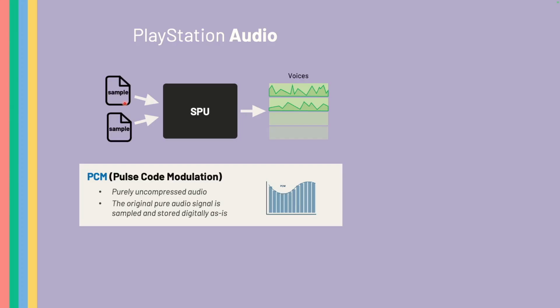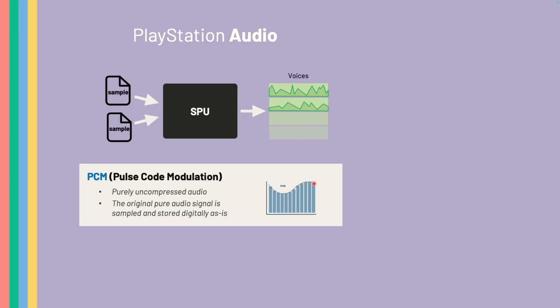Uncompressed, just the raw signal as it comes from the audio signal. So the original pure audio signal is sampled and stored digitally as it comes, as is. And you can see in this graph, let's say that the audio signal is this one right here. This is the pure audio signal. We're going to sample this at a certain rate, so several times per second, and we're going to get the correct input value at each one of these sample intervals.